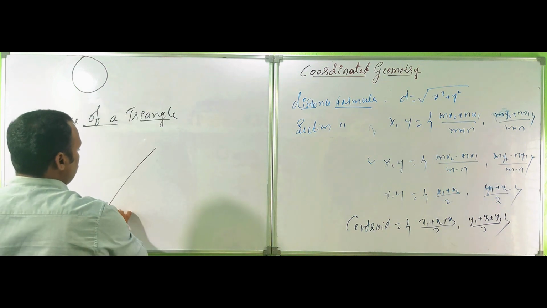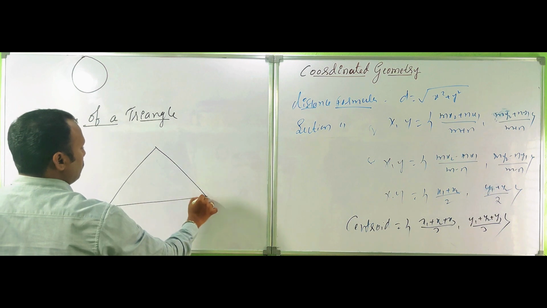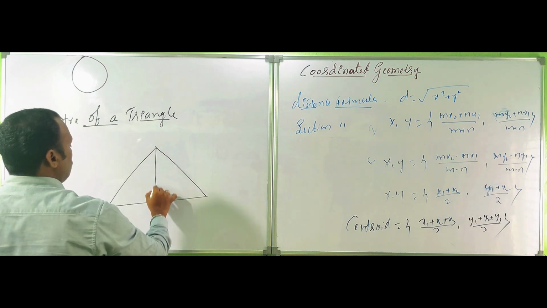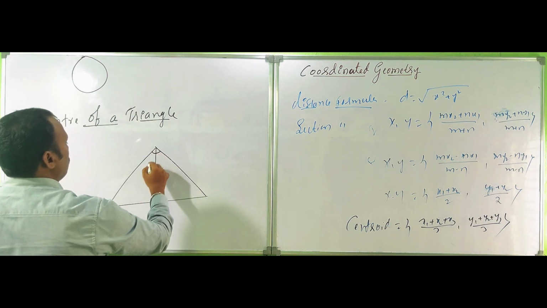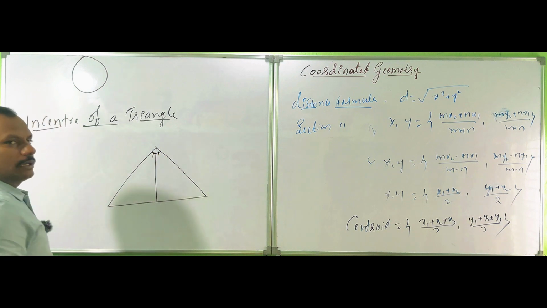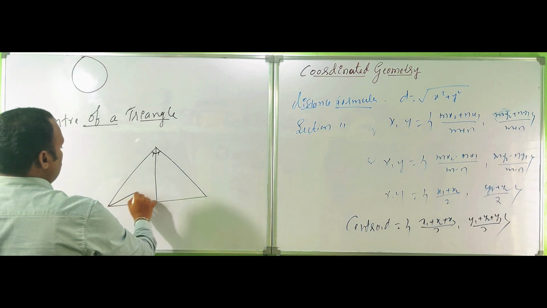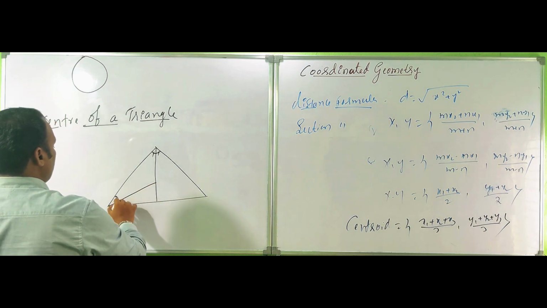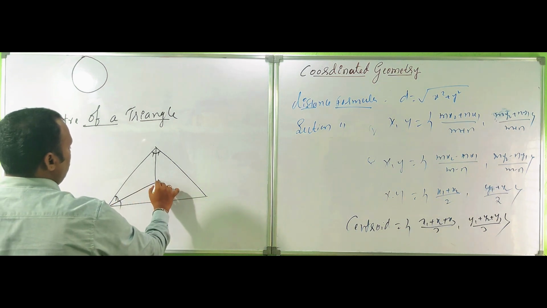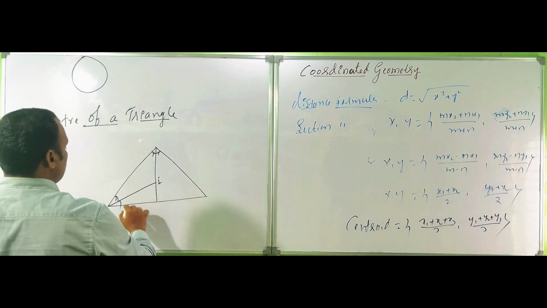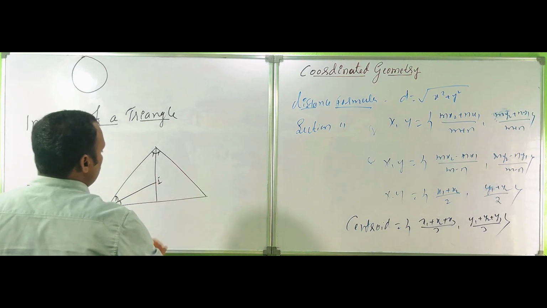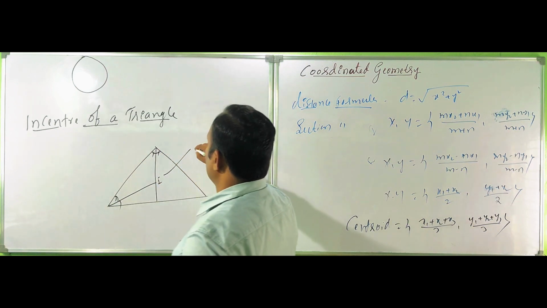This is the triangle, this is one bisector, and another one is another bisector. This point I is called the incenter of the triangle.